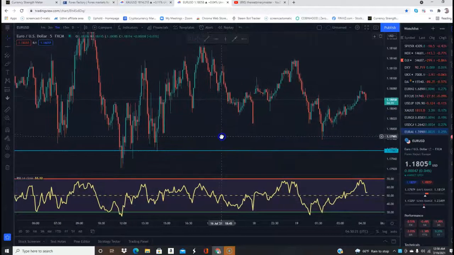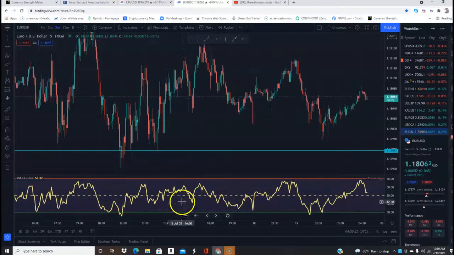Alright. So, the indicator that we're going to look at is the RSI. RSI stands for Relative Strength Index. Now, some of you guys might be asking yourself, well, what is that, Chris? Great question.